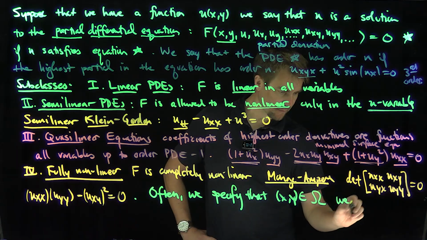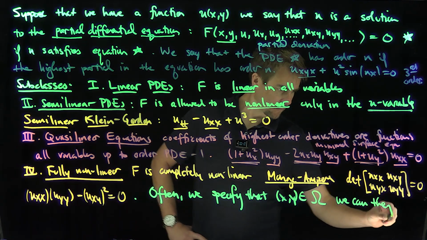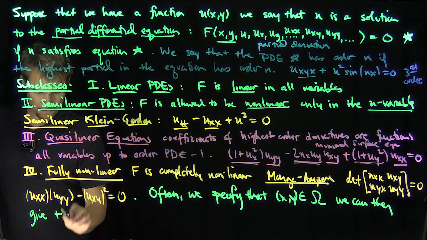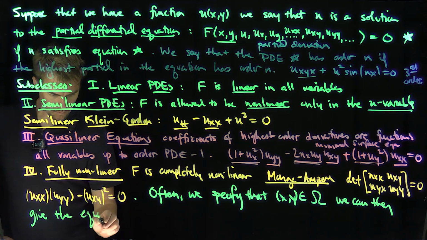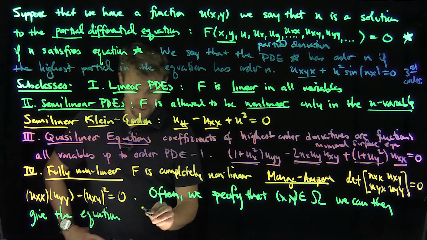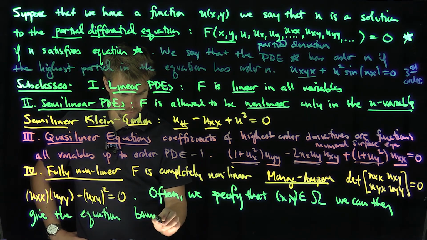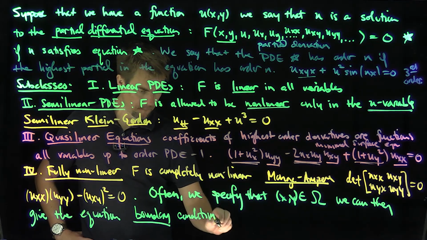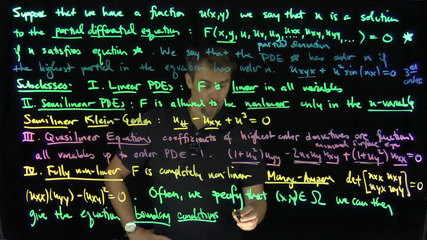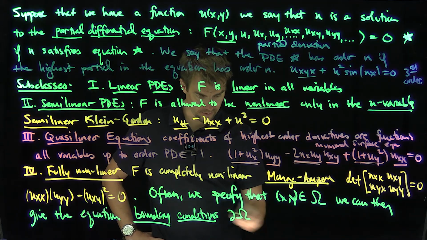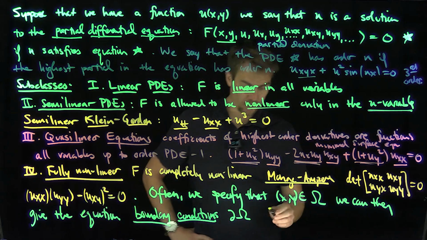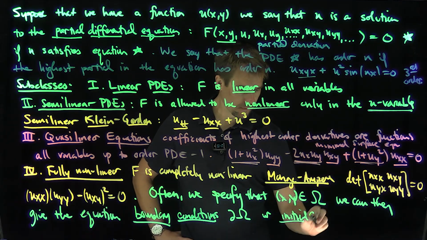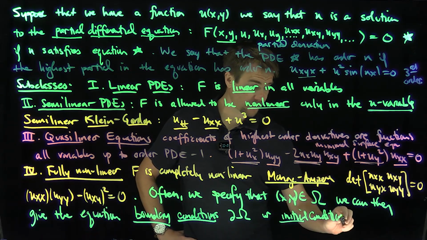We can then give the equation boundary conditions. So in other words, we'll give you information on a subset of the boundary of omega, or initial conditions for PDEs that involve time, right?